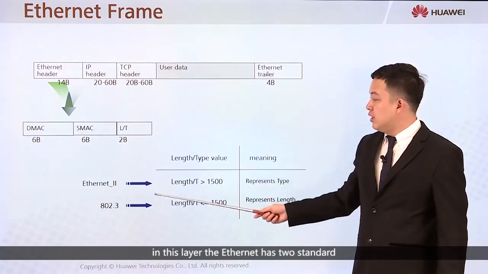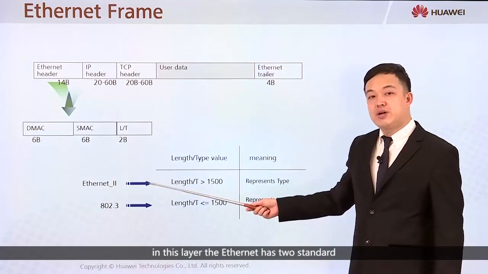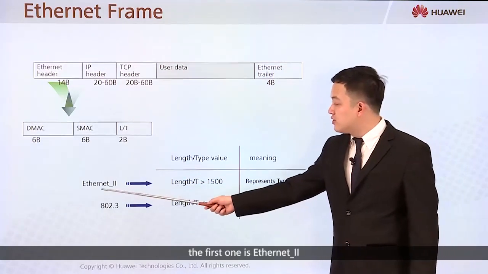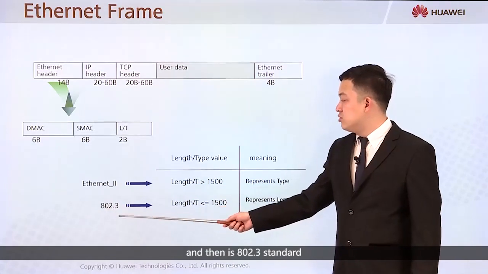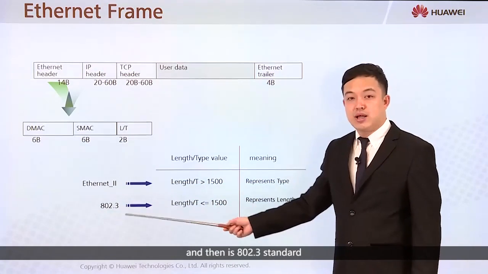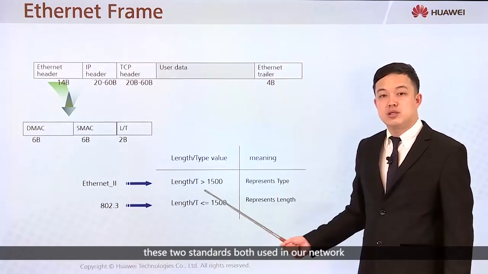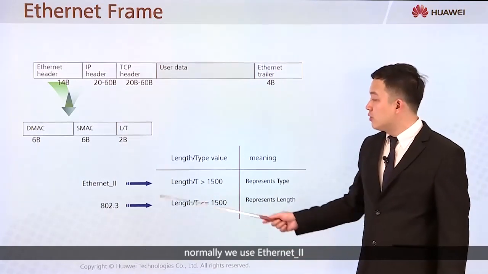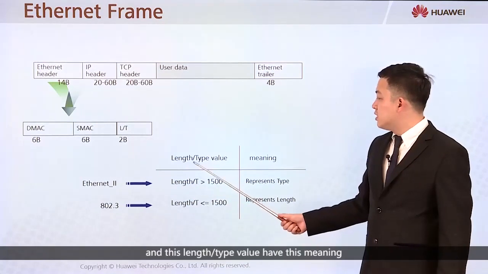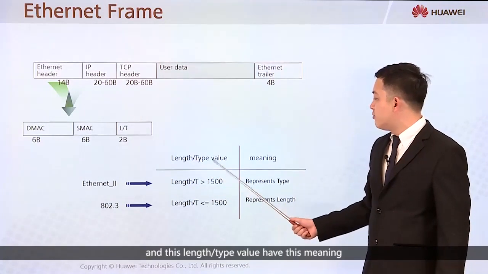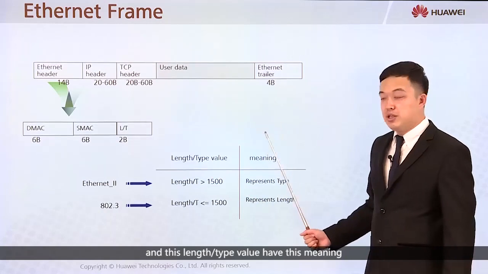In this layer, the Ethernet, we have two standards. The first one is the Ethernet 2 standard, and then the 802.3 standard. These two standards are also used in our network. Typically, we use Ethernet 2.